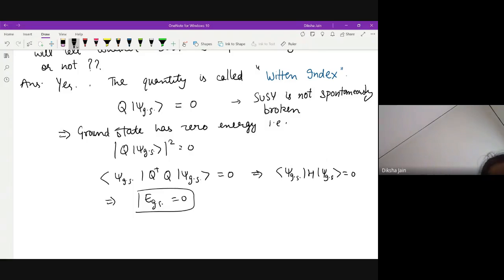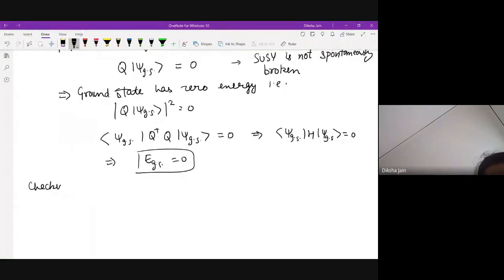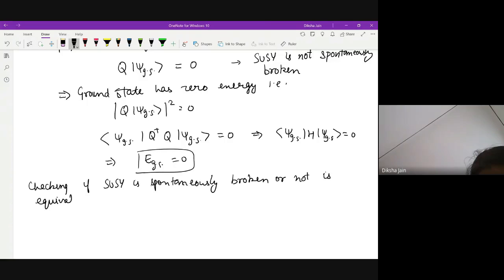So checking if SUSY is spontaneously broken or not is equivalent to checking whether there is a zero energy state in the system or not.